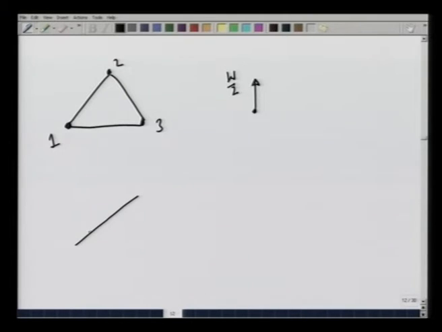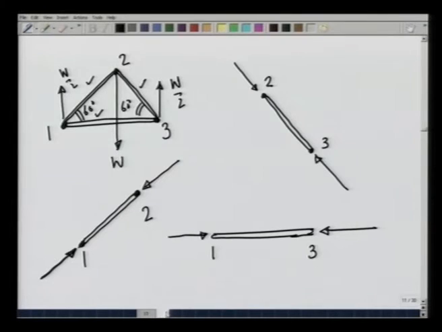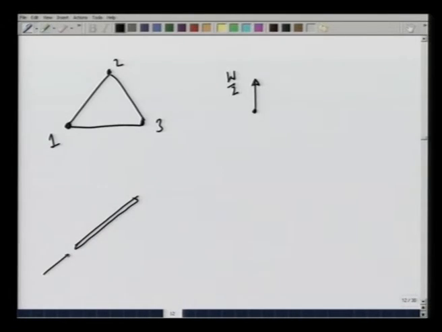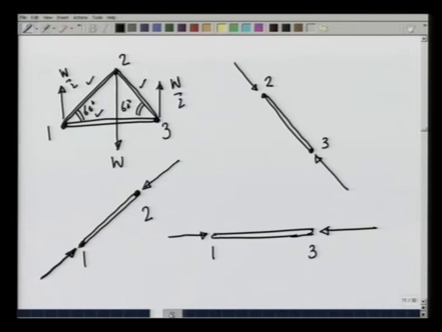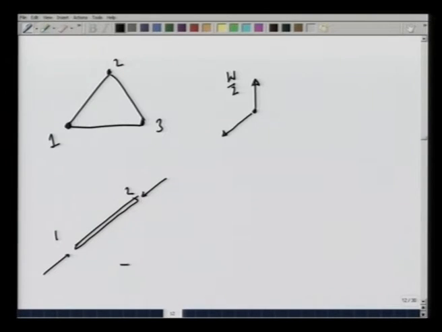Since for the rod 1 2 I made forces that are pushing the rod, the rod would be applying a force the other way on the pin. Similarly, the force on 1 3 that I made was also pushing the rod, that is, the force is compressive.